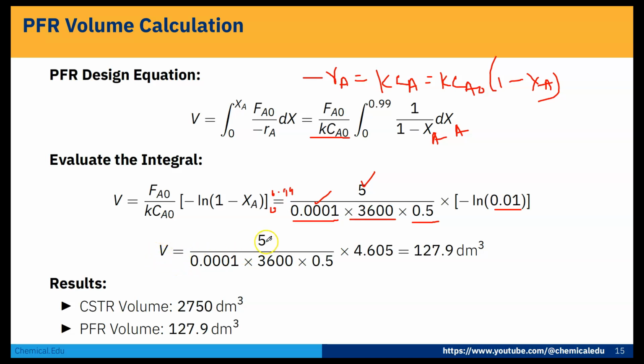So V will be 5 divided by (0.0001 times 3600 times 0.5) times 4.605, and that will give 127.9 dm³.